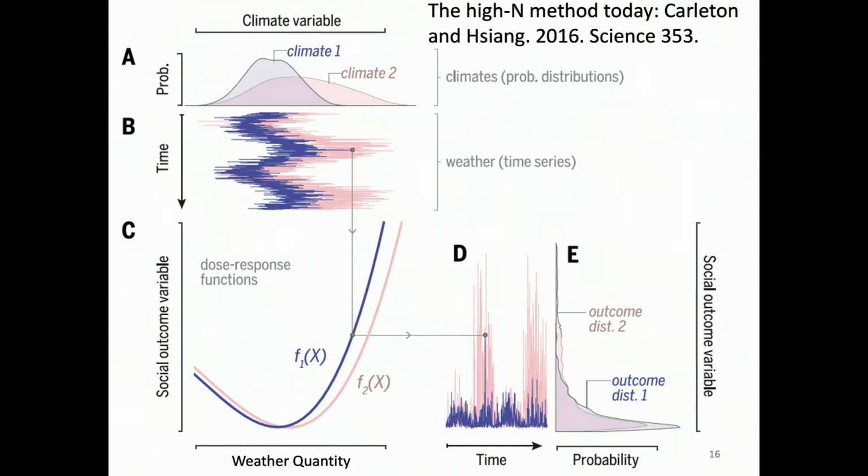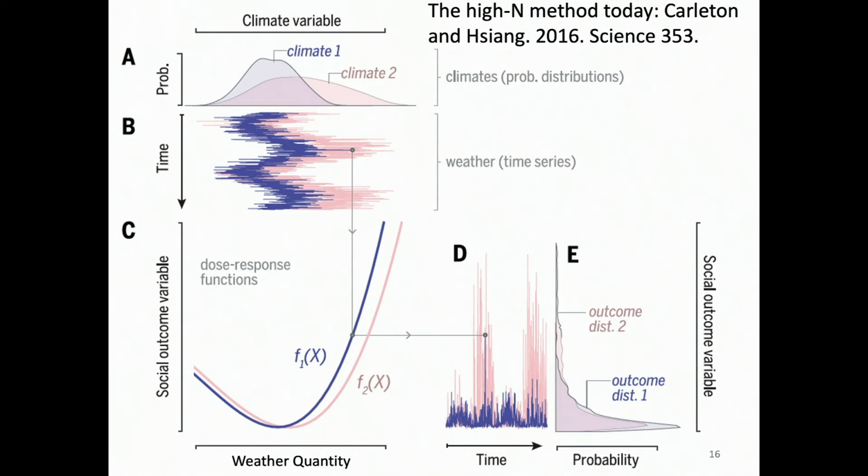Again, this is hypothetical. We don't know the shape of this thing. And we can look at the probability distribution of that blue trace over here and compare it to data on the time history of the social outcome variable. So we get a prediction, and we can say how well does this function translate our weather data into the probability distribution of the social outcome variable, like how severe the rioting is.